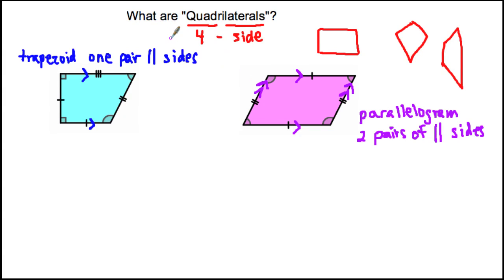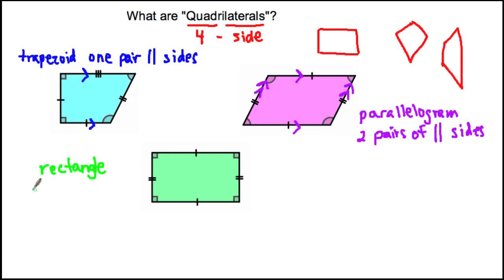Now, where this gets interesting is that there are actually special types of parallelograms. There's also special types of trapezoids, but we're not going to look at those. But we will look at some of the special types of parallelograms. The first one talks about the specific angles of the parallelograms, and this is what is known as a rectangle. You recognize a rectangle from before, of course, but what makes a rectangle special is that a rectangle is a parallelogram that has all right angles.